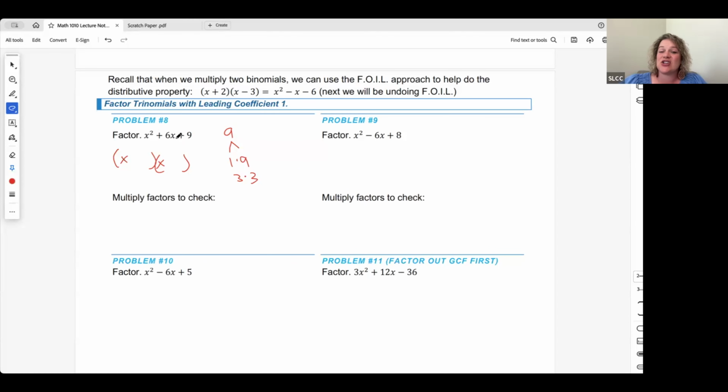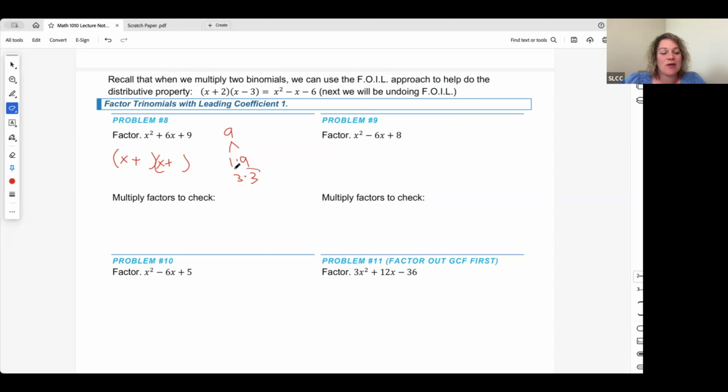I consider the sign. The 9 is positive. In order to multiply and get a positive, they need to both be the same. Are they both positive or both negative? That's when I look at my b term. Since b is positive, both are positive. Now I consider what group will combine to give me 6.